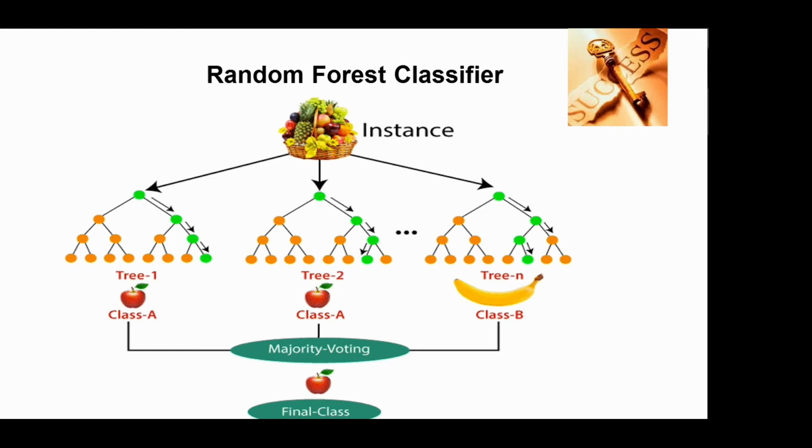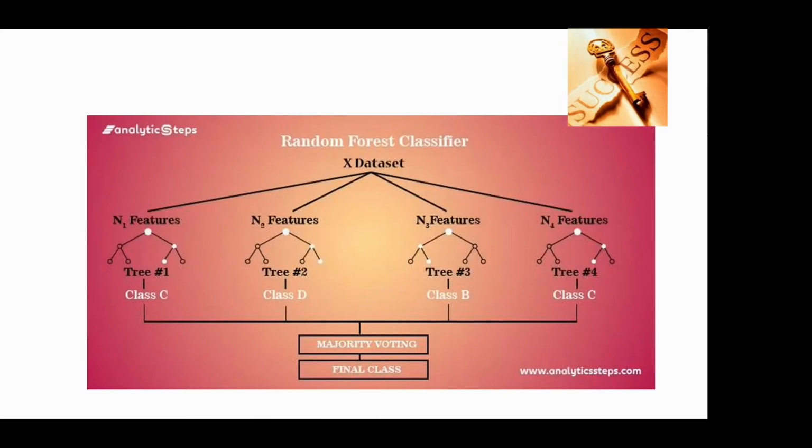This is discussed before the break. This is the second slide of random forest classifiers, where you can see that tree 1 is predicting class C, tree 2 is predicting class D, tree 3 is predicting class B, and tree 4 is predicting class C. So here two decision trees are predicting class C, that the data item belongs to class C. So what will be the majority voting?